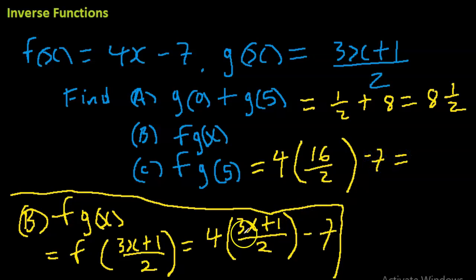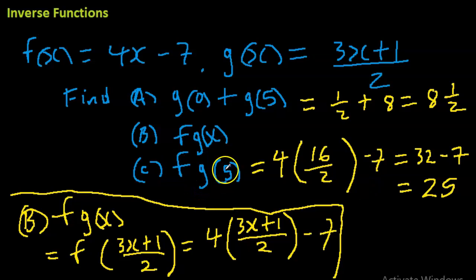Now, 16 divided by 2, that's 8. 8 times 4 is 32. So what we have is 32 minus 7. That's 25. So the solution for part C is 25.